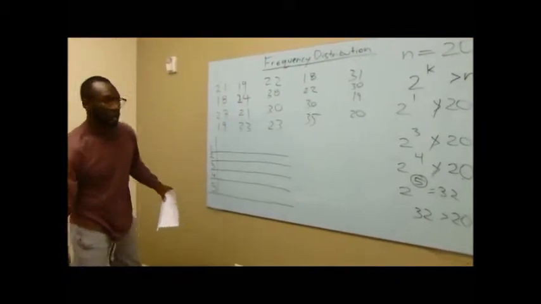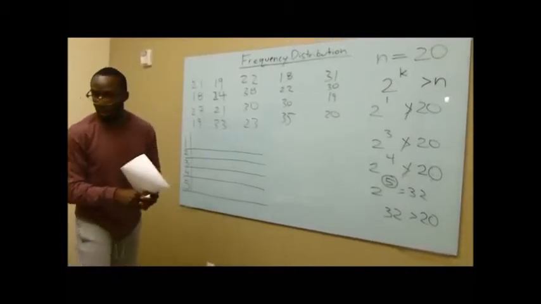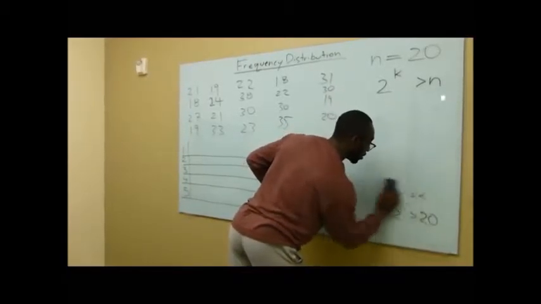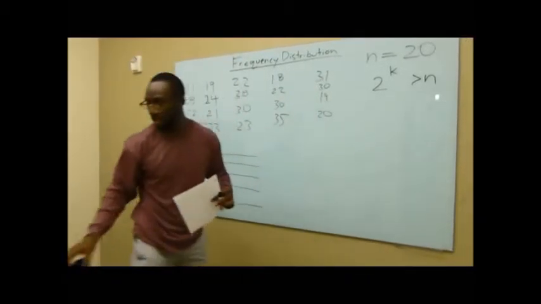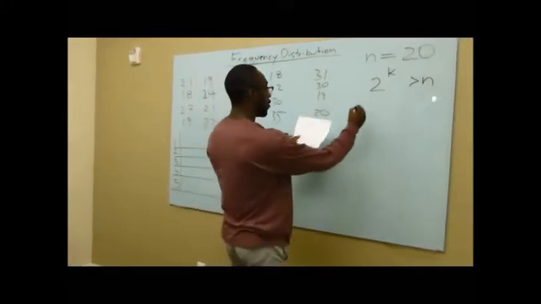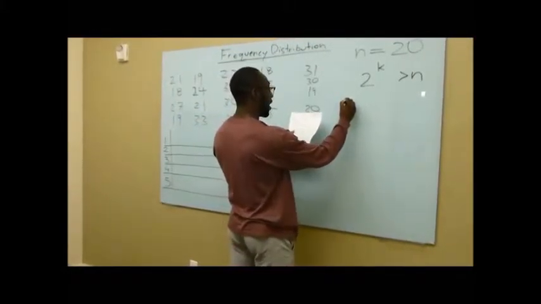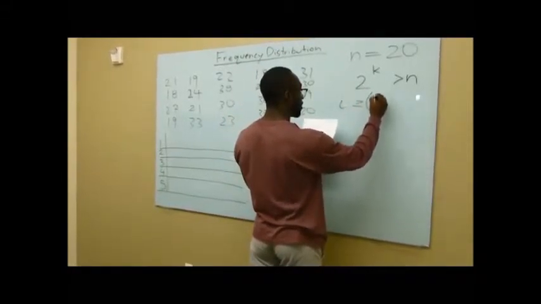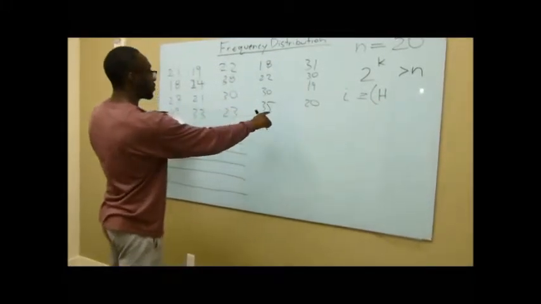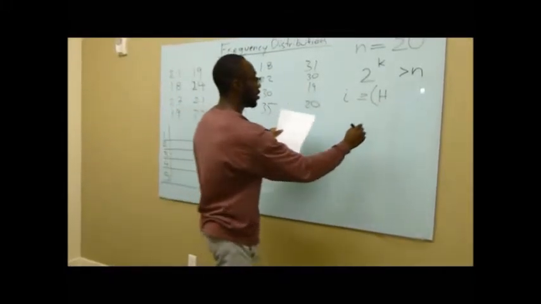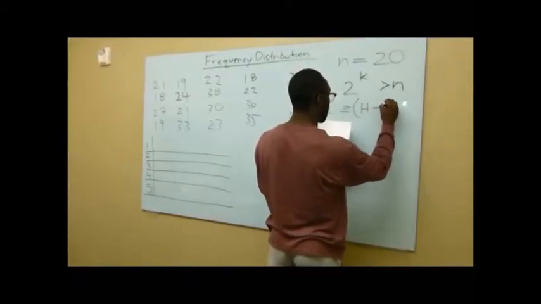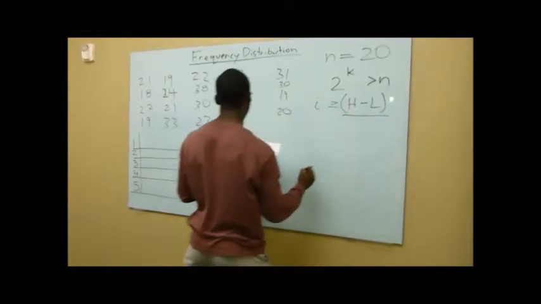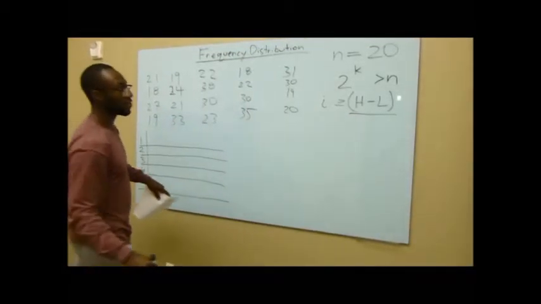In order to know what our interval will be, we use a formula that I'm going to write down here, now that we understand the concept of organizing them into classes. The formula for intervals is I for interval greater than or equal to the highest number in our set of numbers, subtracting the lowest number from the highest number, and dividing that by the number of classes that we have, which is 5.